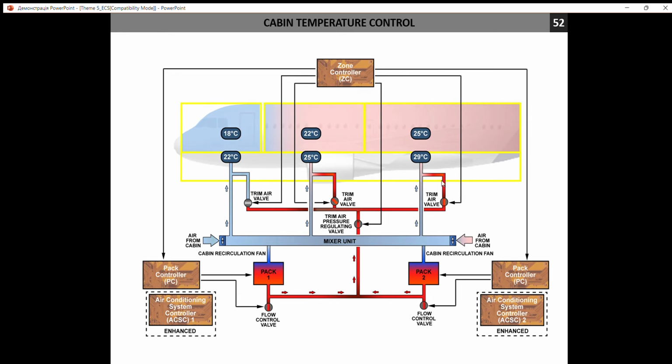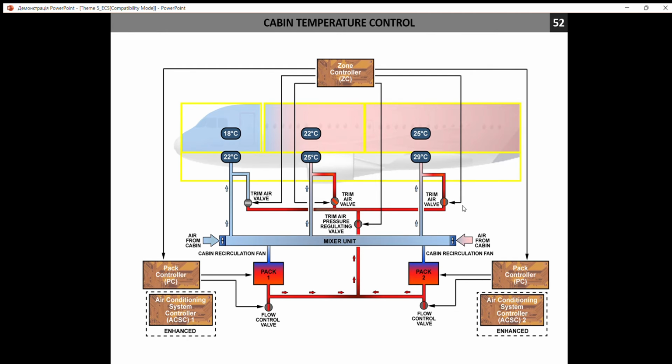So in this example you may see a totally opened valve. In this one it's partially opened, so the temperature here will be less than in this case. For the crew cabin, you may see the trim air is totally closed, so we use cold air from the mixer unit to keep a cold regime for flight.